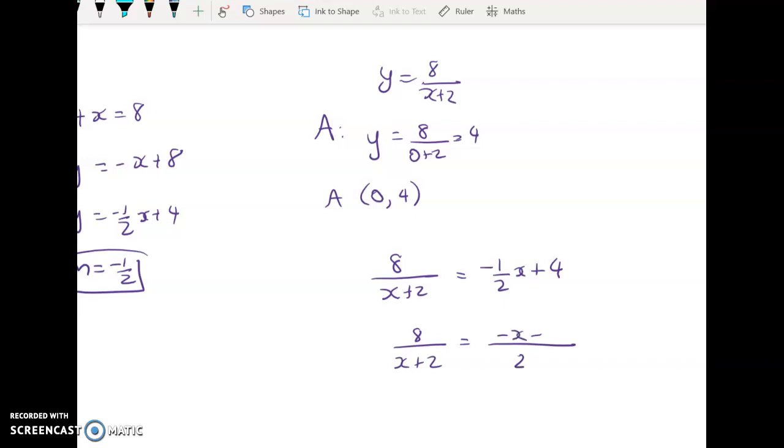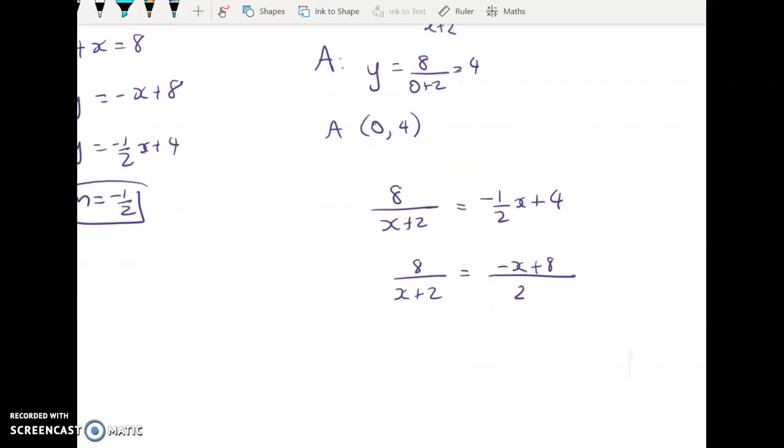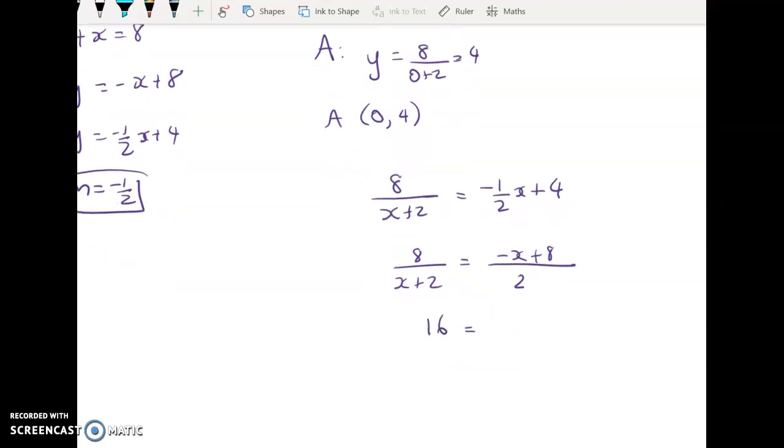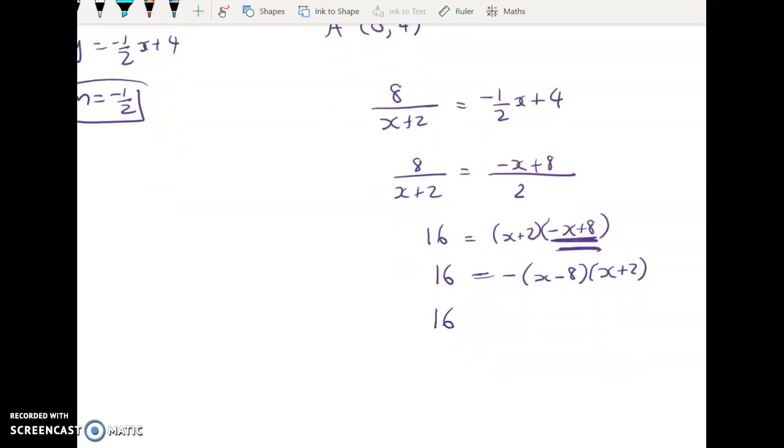I have -x plus 8. That gives me 16 is equal to x plus 2 times -x plus 8. I don't like working with this, so I'm going to pull the -1 out the front of this bracket. So it's going to be -1 times x minus 8 times x plus 2. Expanding those brackets gives me this.